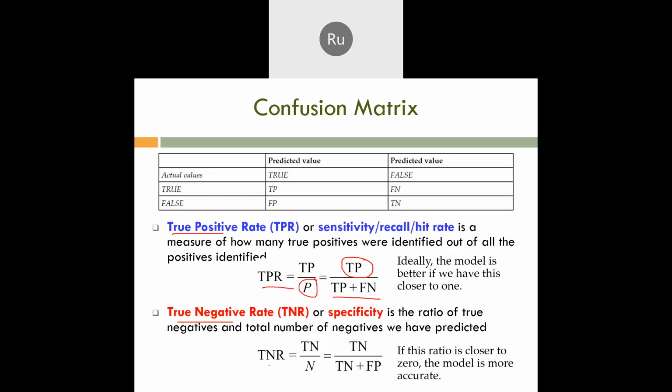The true negative rate refers to the other class. We call it sensitivity for the positive class and specificity for the negative class. We will go over this in order to evaluate and assess the model, and we will do some exercises.